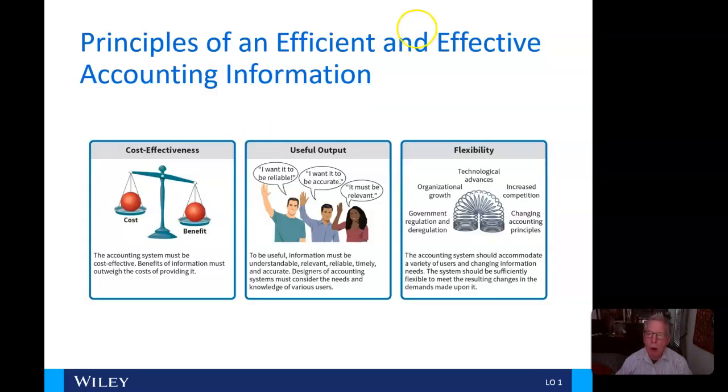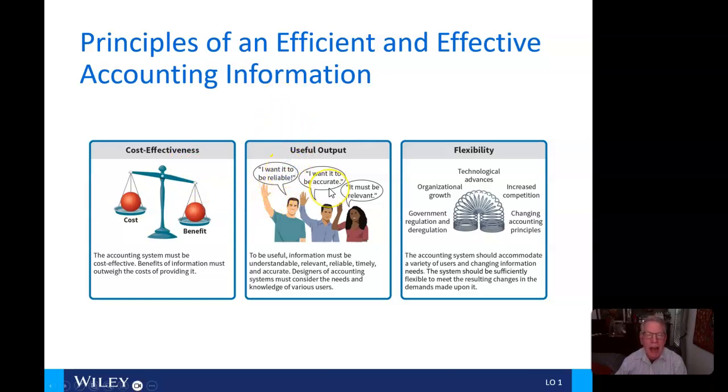Okay, what are the principles of an efficient and effective accounting information system? Of course, it must be cost effective here. We're not going to worry about little immaterial items that don't have any relevance to a financial system, but we want it to be reliable here.